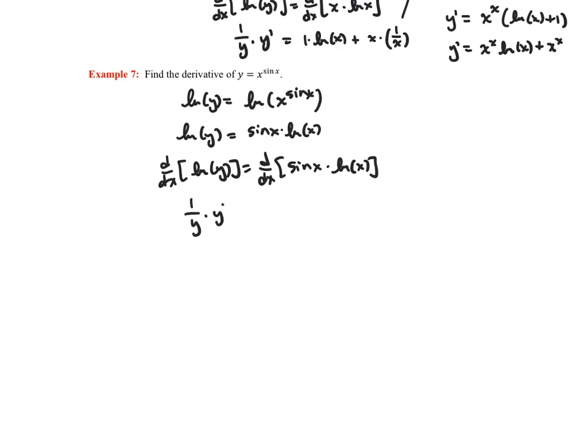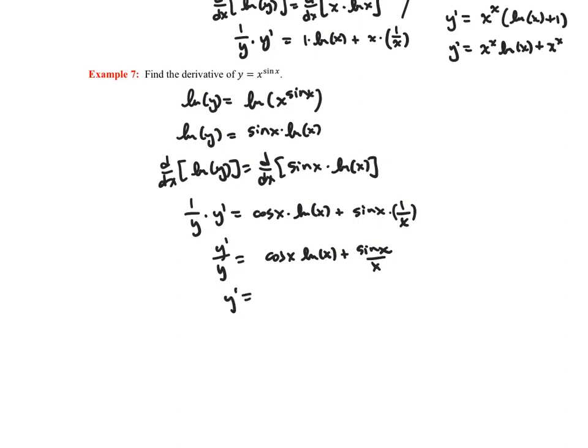This will be 1 over y times y prime. The right side will be cosine x times ln of x left alone plus sine x times 1 over x. That's the derivative of ln. So y prime over y will equal cosine x ln of x plus sine of x over x. And of course then we solve by multiplying the expression cosine of x ln of x plus sine of x over x times y.